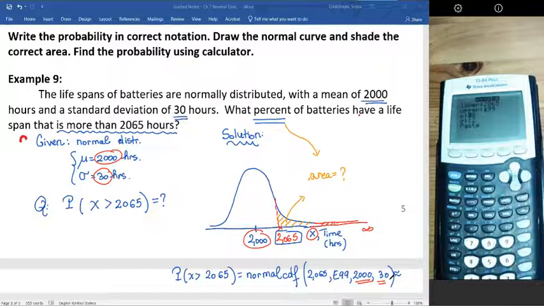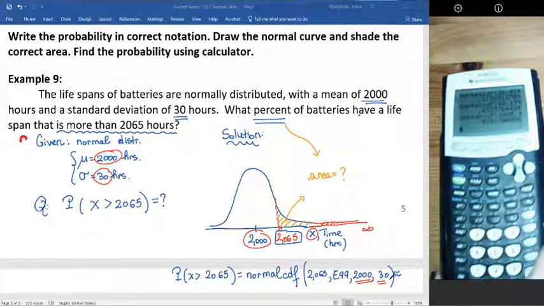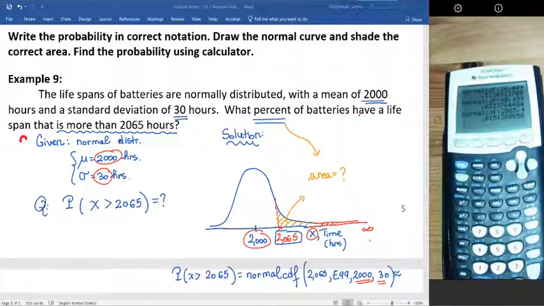And this time we have 2,000 and the standard deviation is 30. Hit enter, and we see that the answer is 0.015. If you think of what this means, it tells us that about 1.5% of the batteries have a lifespan that is more than 2,065 hours.